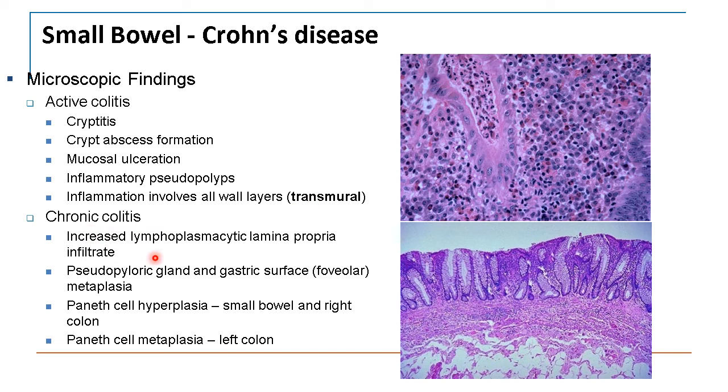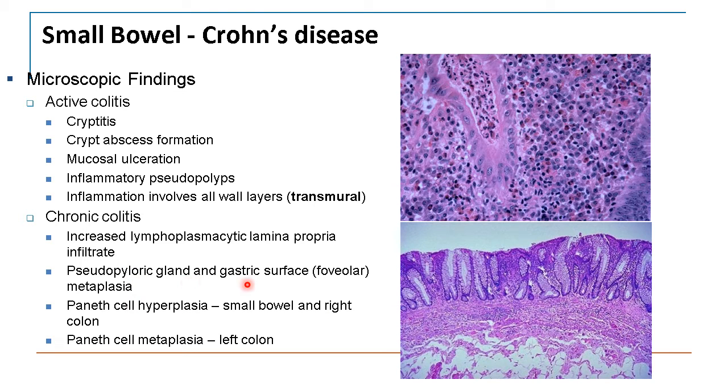In chronic colitis, there is increased lymphoplasmacytic infiltrate in the lamina propria, lymphocytes and plasma cells, which are the inflammatory cells of chronic inflammation. These are lymphocytes and plasma cells like this. Mainly here, these are lymphocytes and plasma cells, dark, small lymphocytes.